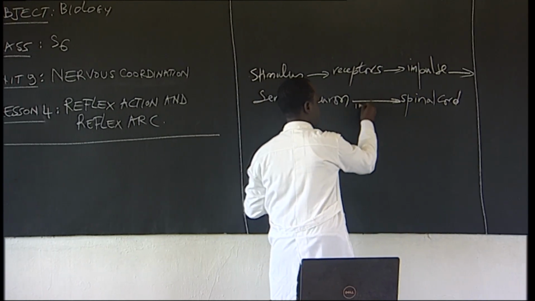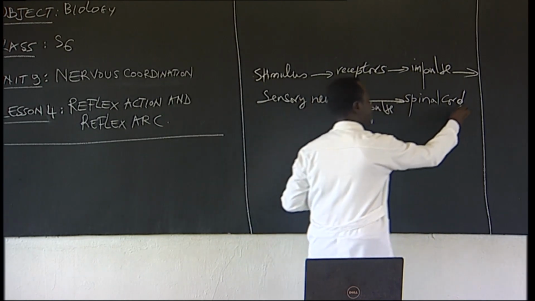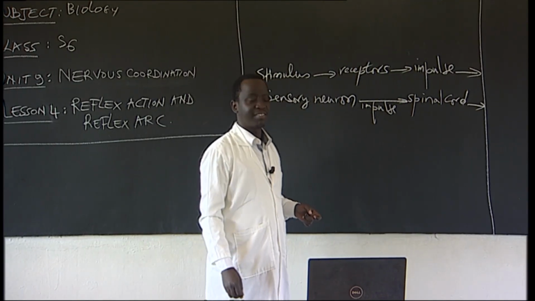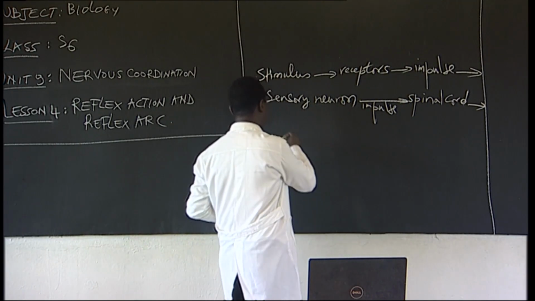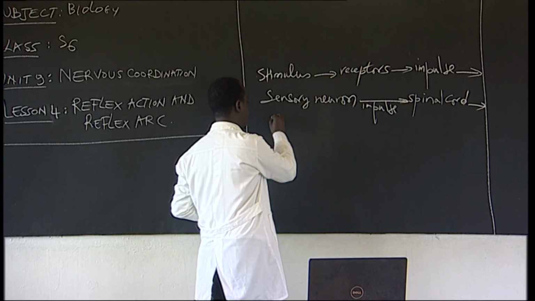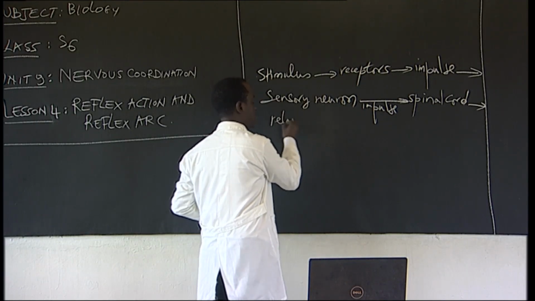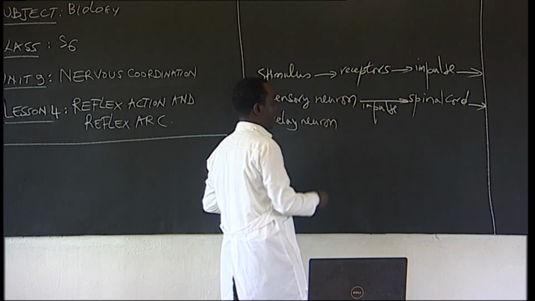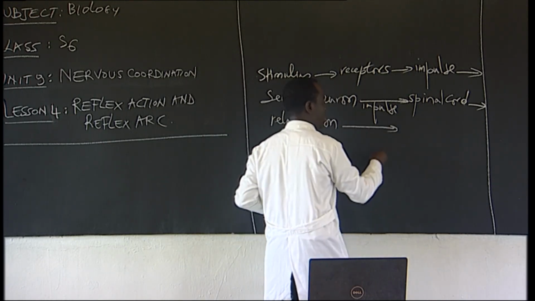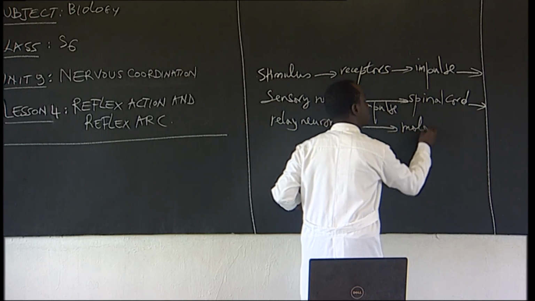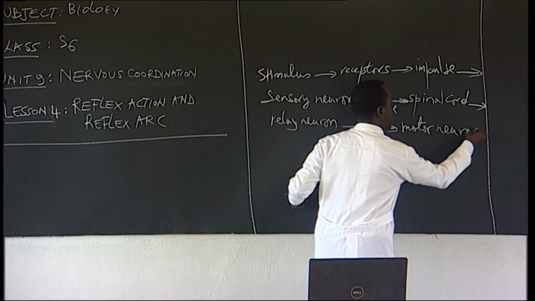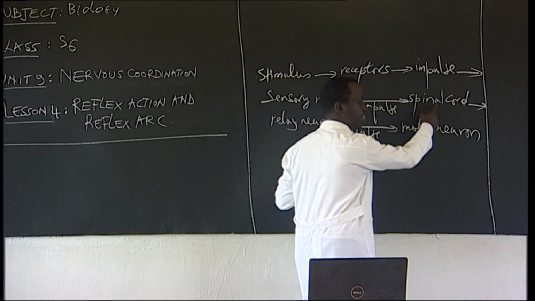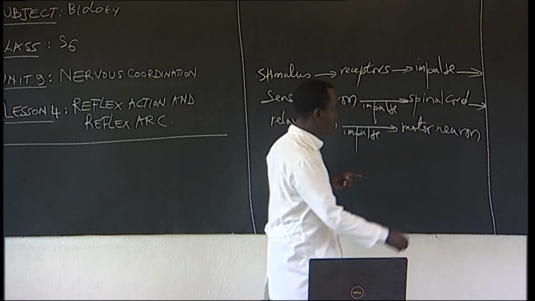So the impulse is now passing. And then from the spinal cord, are you getting this? The message can continue and go to what we call the relay neuron, the interneuron. And then from this, it is going to be transmitted to the motor neuron. So here I still have the impulse. Remember, it has now been interpreted, then it brings the response.